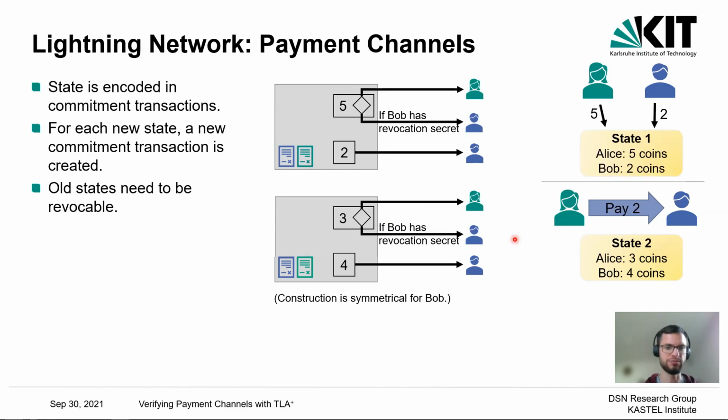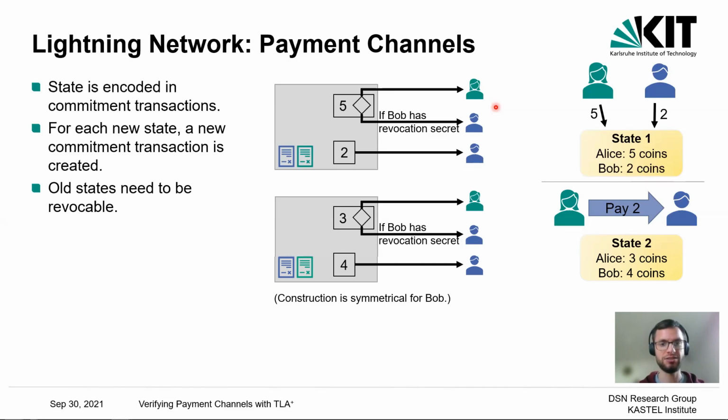Now there's still a small issue here because we have a race condition. If this initial commitment transaction is published, then Alice can redeem those 5 coins and Bob can redeem those 5 coins using the revocation secret. And whoever of them publishes a transaction spending those 5 coins first wins the race. But of course, we want Bob to surely get those 5 coins if Bob has the revocation secret.